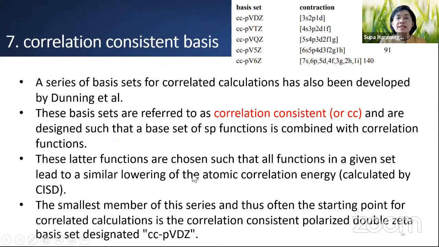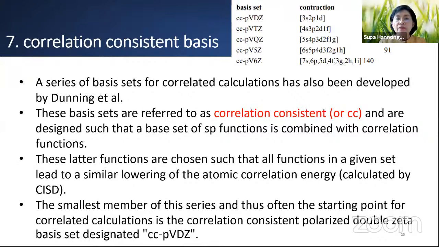The latter functions are chosen such that all functions in the given set lead to a similar lowering of the atomic correlation energy, as calculated by CISD. The smallest member of this series, and thus often the starting point of the correlation function, is the correlation consistent polarized double zeta basis set, denoted as cc-pVDZ.